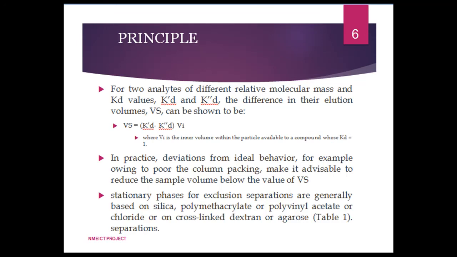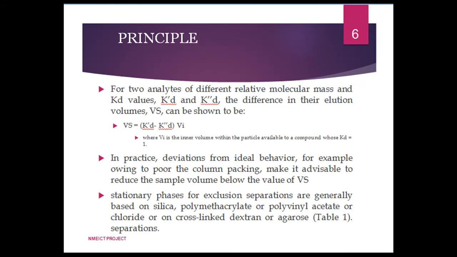In practice, deviation from ideal behavior, for example owing to poor column packing, makes it advisable to reduce the sample volume below this value, because the ratio between sample volume and inside particle volume affects both the sharpness of the separation and the degree of dilution of the separation.